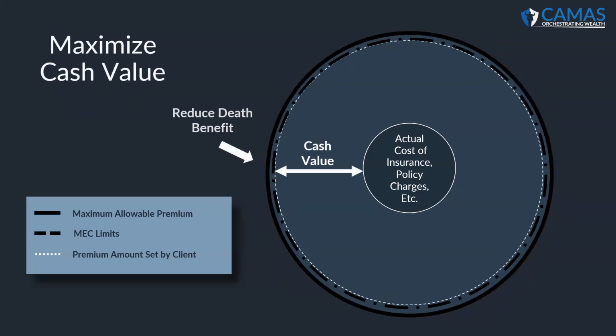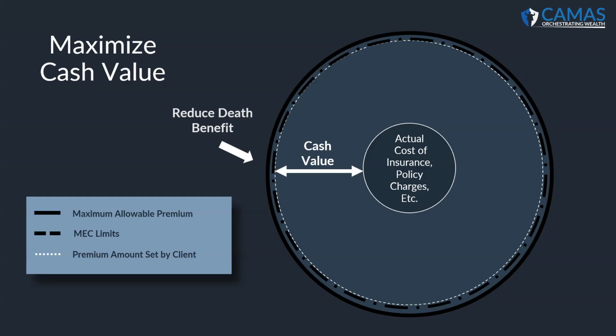The flip side of that is maximizing our cash value. Well, if we're maximizing the cash value, we want to minimize our expenses, and therefore we're going to get right to that modified endowment contract line, stuff as much premium in there as possible without violating the MEC line so that we get maximum cash growth.